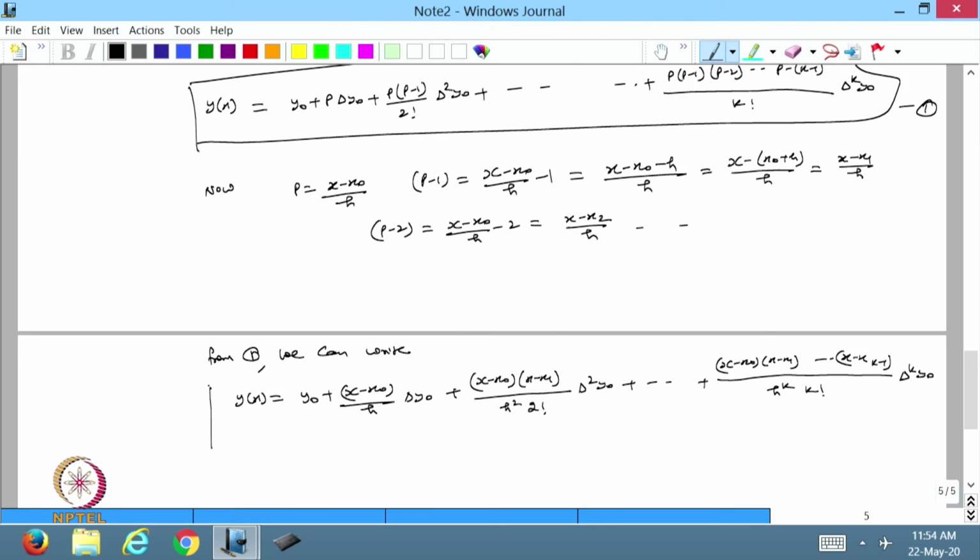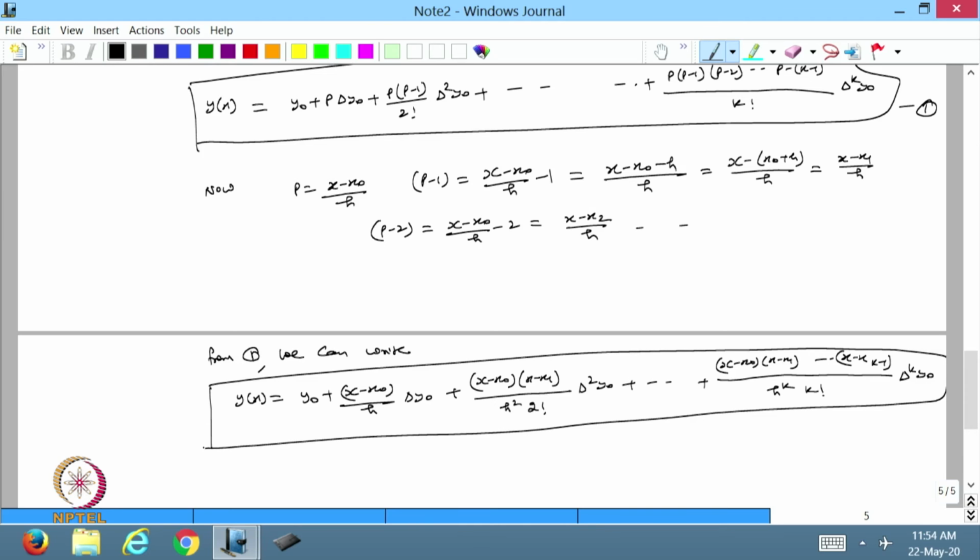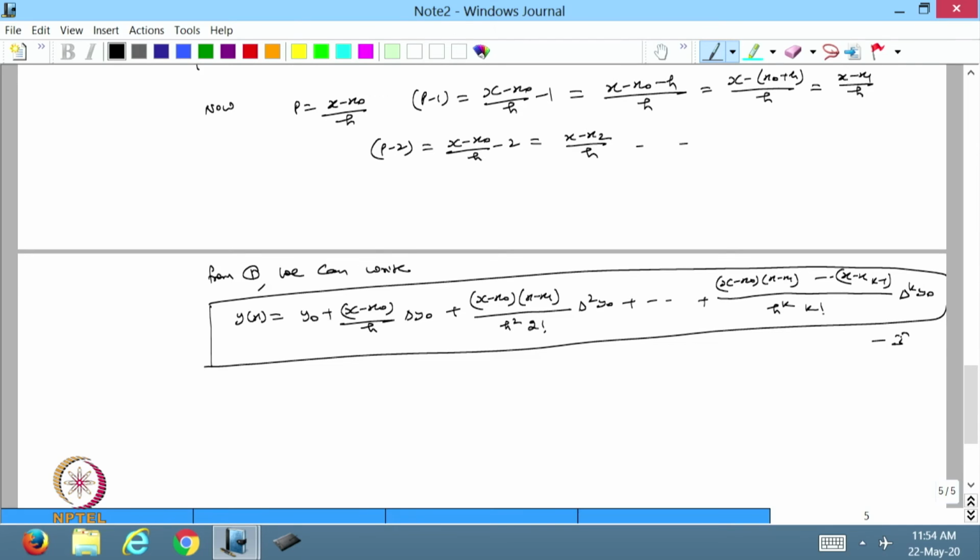So, that is the interpolating polynomial using the forward difference operator del. That is the polynomial we are getting.